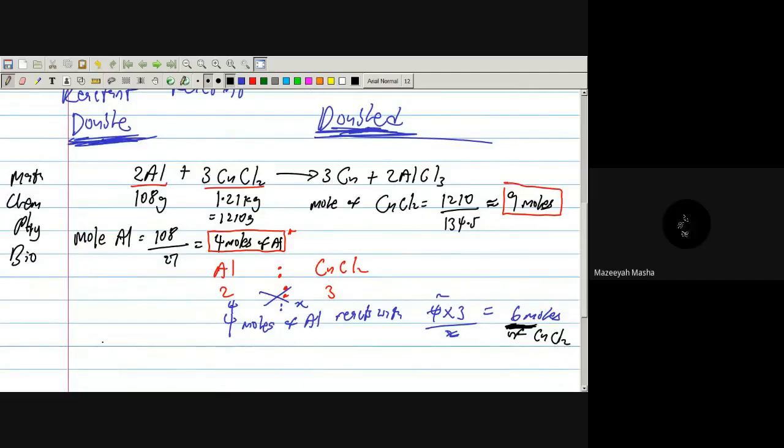Copper chloride is excess. Therefore, aluminium will be limiting. Exactly. That's how to get the one that is limiting. Therefore, aluminium is the limiting reactant. This is the easiest way you can do it. Do it this way and you don't fail it.